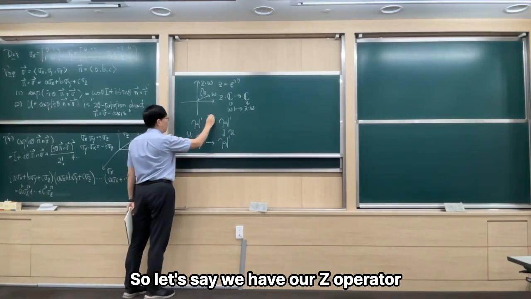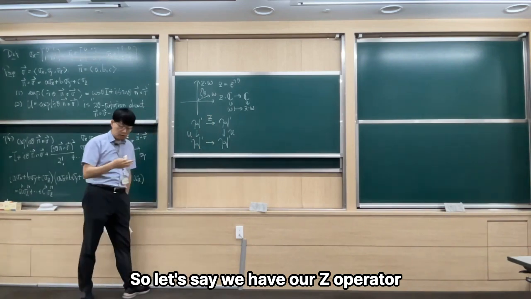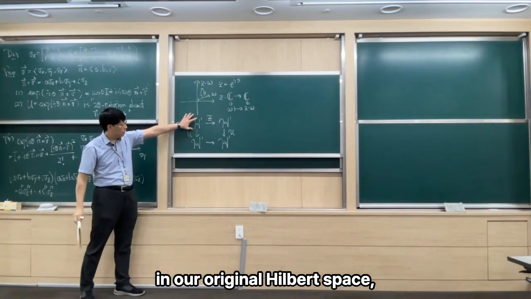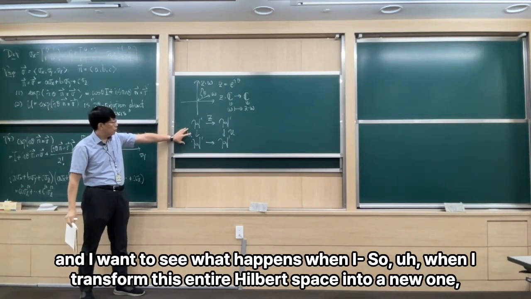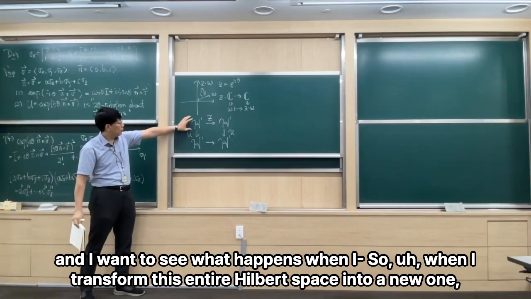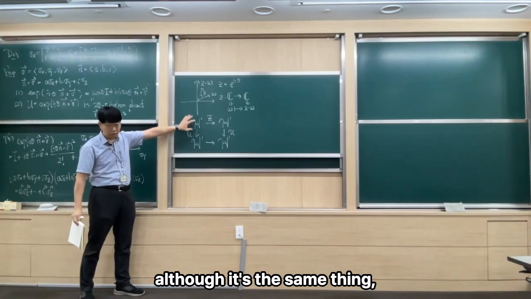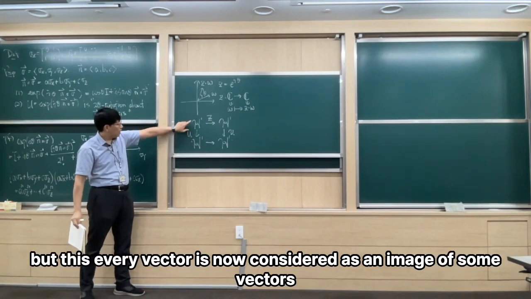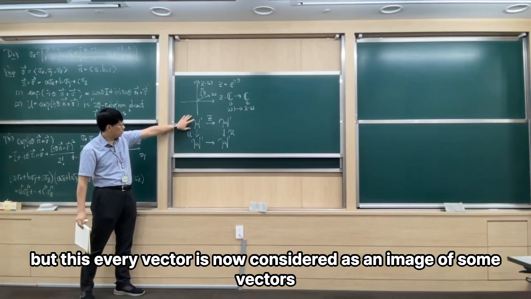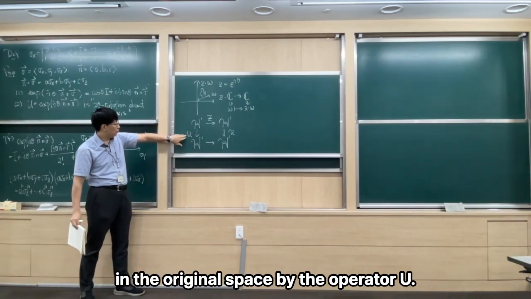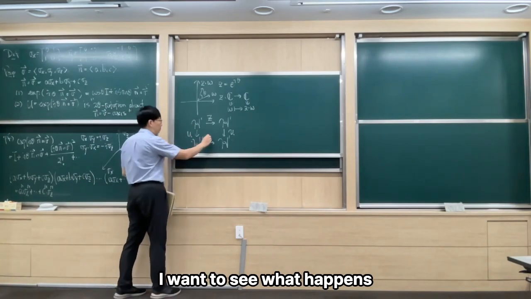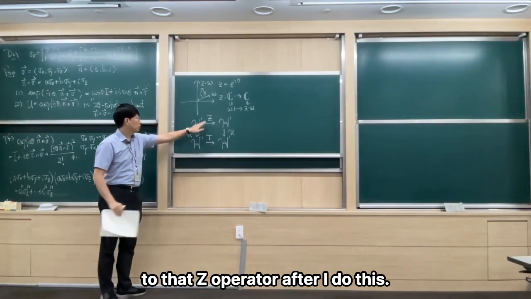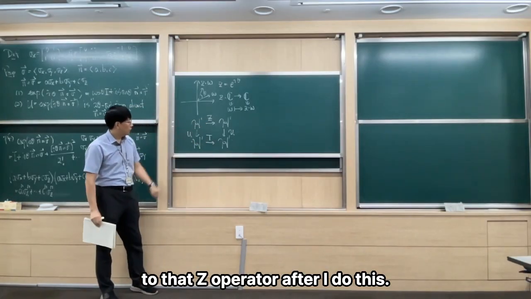So let's say we have our Z operator in our original Hilbert space, and I want to see what happens when I transform this entire Hilbert space into a new one. Although it's the same thing, every vector is now considered as an image of some vector in the original space by the operator U. I want to see what happens to that Z operator after I do this.